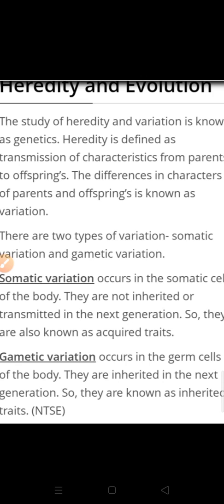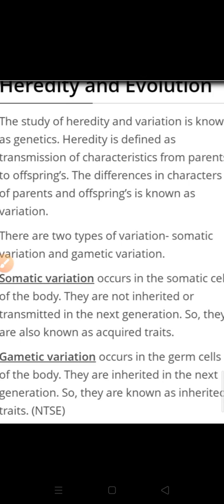Overall our personality; these are the characters which we inherit from our parents, the transmission of these characters from our parents to the offspring, meaning babies or new ones. This process is known as heredity.